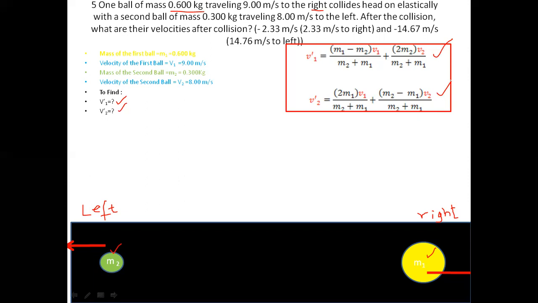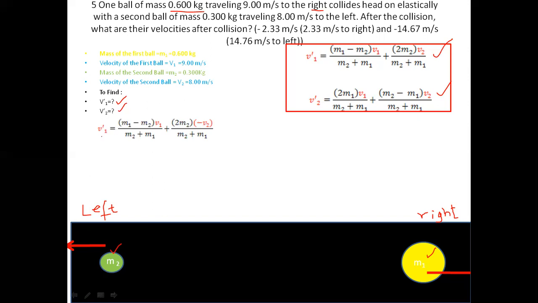But here's a twist: the direction is the most important thing. In physics, we know that the negative sign shows the direction against the motion of the body. Anything against the motion can be represented by a negative sign. Now, in this case, we are taking the second body to be negative.